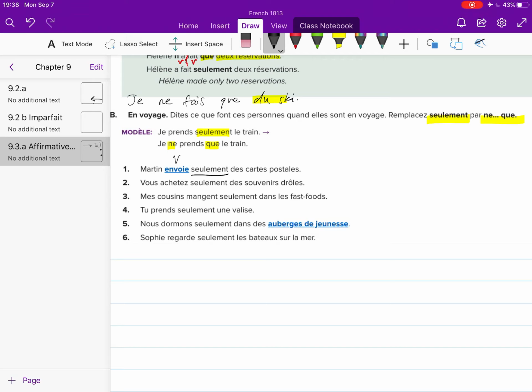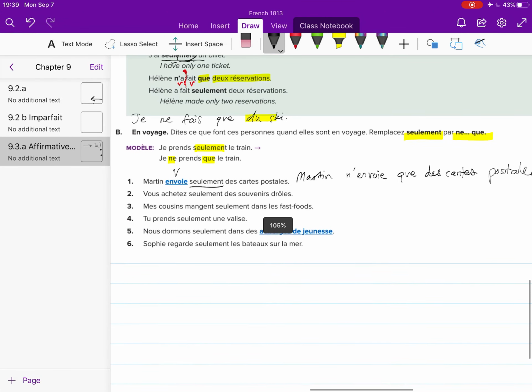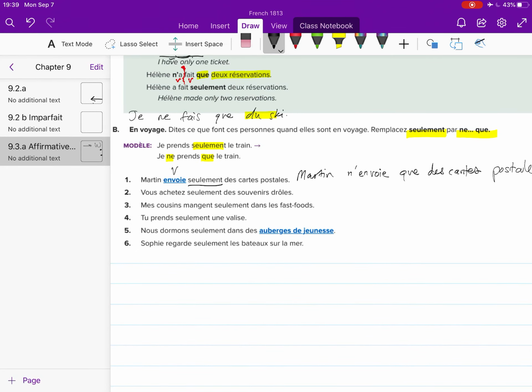So I'm going to have my verb here. I'm going to put my ne que around it. Martin n'envoie que des cartes postales. He's only sending postcards, as in to say he's not also sending packages. Okay? So wherever your seulement is generally where you're going to put the que.